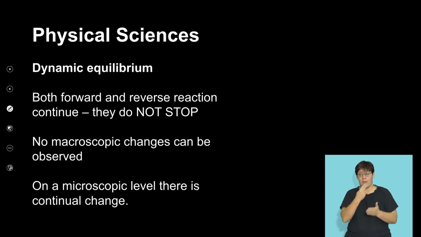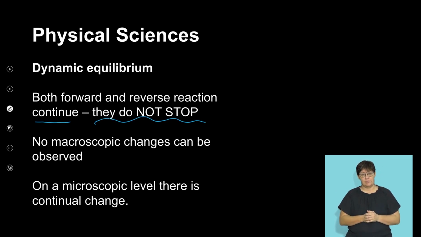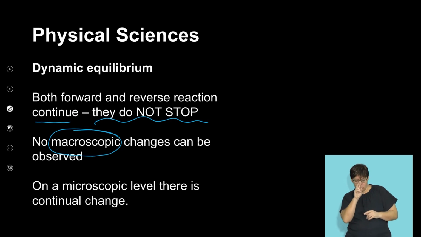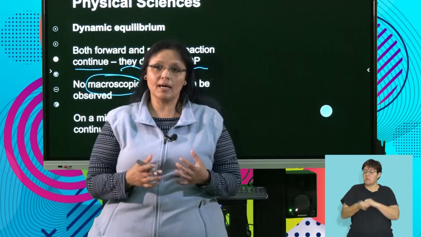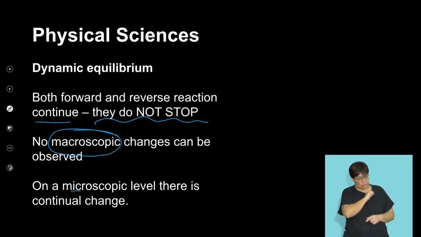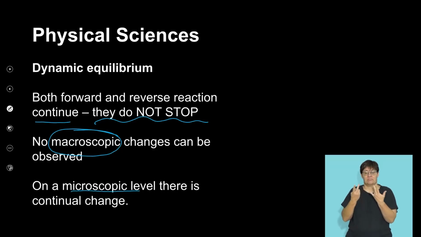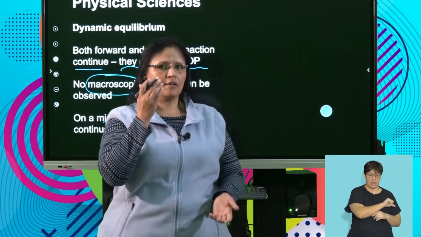Both the forward and the reverse reaction continue; they do not stop. Even though on a macroscopic view it looks as if nothing is changing, on a microscopic level there is definitely still a reaction where the particles are still moving forward, reverse, forward, reverse.